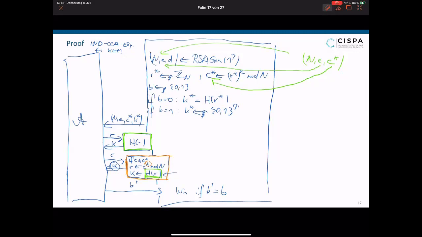So for the adversary to even be able to detect whether we're giving him the correct answer to his decryption query, he first had to tell us what this R, which is hidden in C, actually is by querying it to the random oracle H, right?